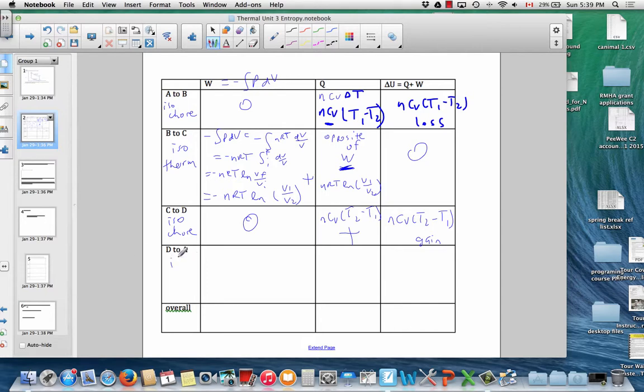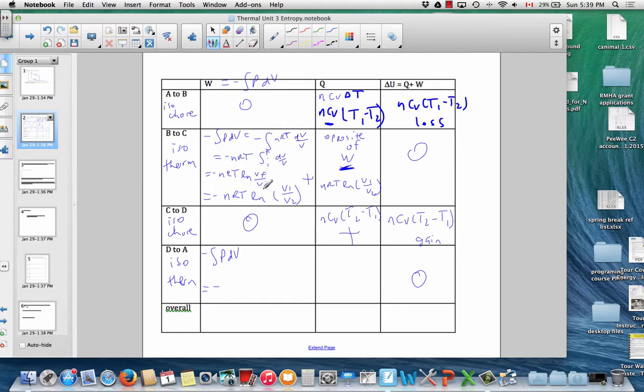Okay, the last process from D to A is again isothermal, and so there's no change in internal energy because U depends only on T, and again it's minus integral P dV. We make exactly the same substitutions as above because it's constant temperature, and our T comes out, and we end up integrating dV over V, and the integral ends up being the same, V final over V initial.